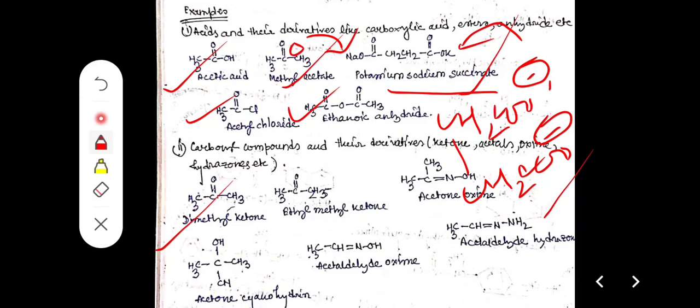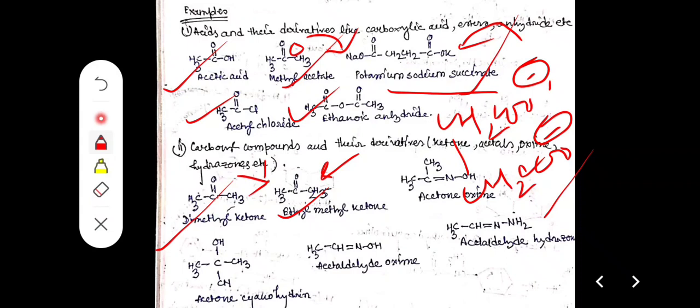Then next one, ethyl methyl ketone, because on one side an ethyl group is present and on the other side a methyl group. The R groups are not the same, so we do not use di. We use ethyl, then methyl, then ketone, since E comes first, then M in alphabetical order.